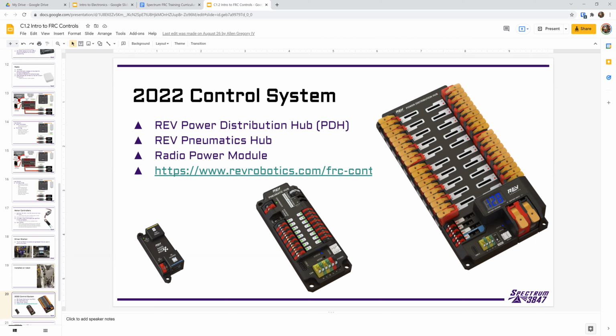The radio power module is also exciting to me because this should hopefully make power to the radio a lot more reliable. Basically what happens is that you have 12 volts go in here, and then when you connect up your Ethernet cable to the radio, power goes out over the Ethernet cable to the radio as well.